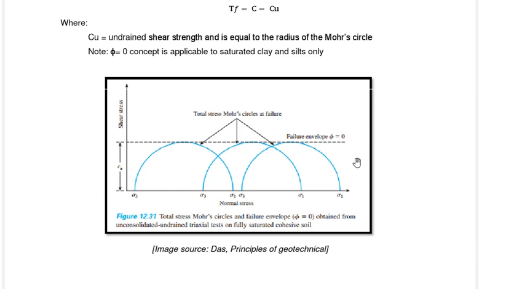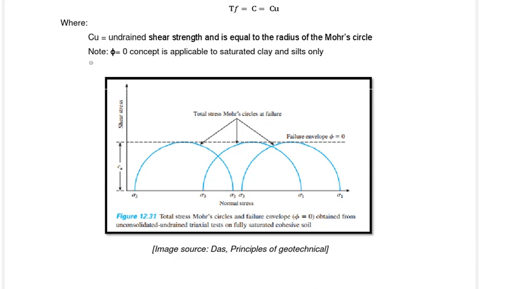So, the purpose of our UU test is to determine our undrained shear strength. So, the drainage valve is closed throughout our UU test.